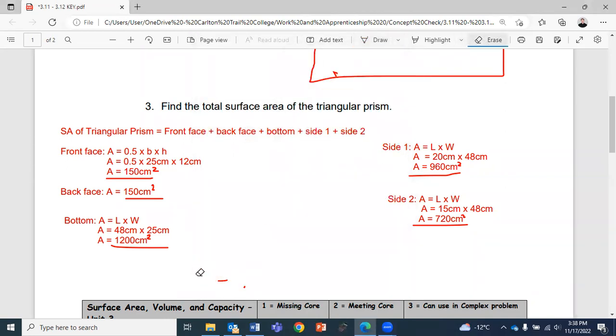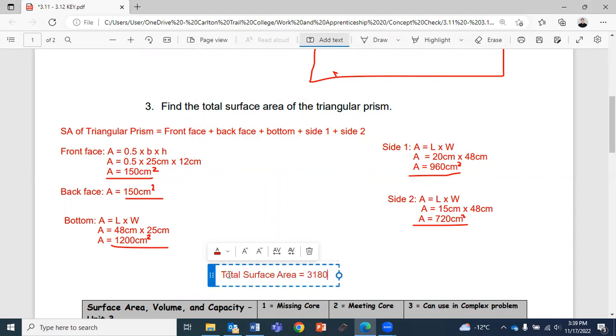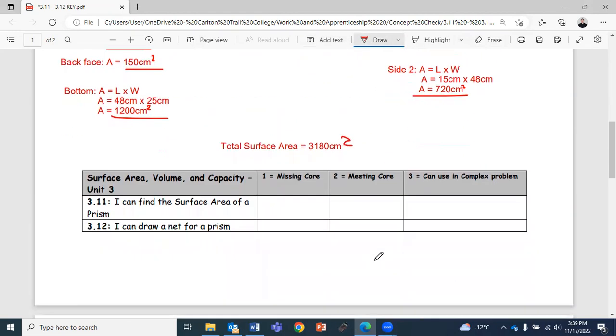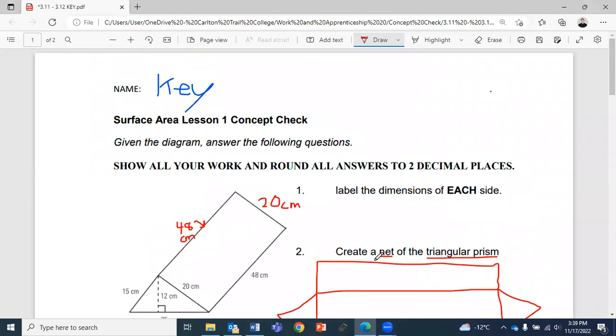So my total surface area equals 3,180 centimeters squared. Done. Perfect. Good job, everybody.